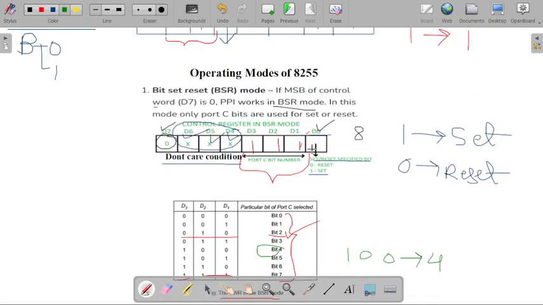Some key points you have to remember: the D7 bit will always be 0 in case of BSR mode. If the operation is set, the bit is set to 1. If it is a reset operation, the bit is reset to 0.